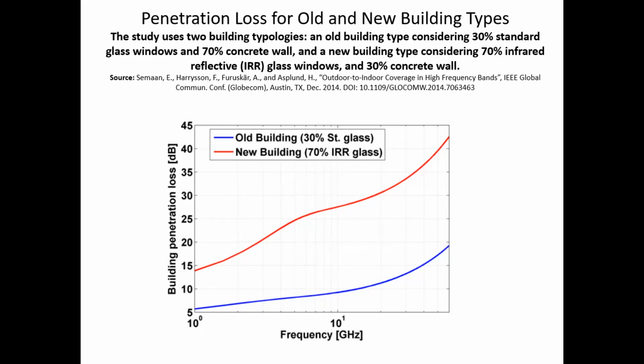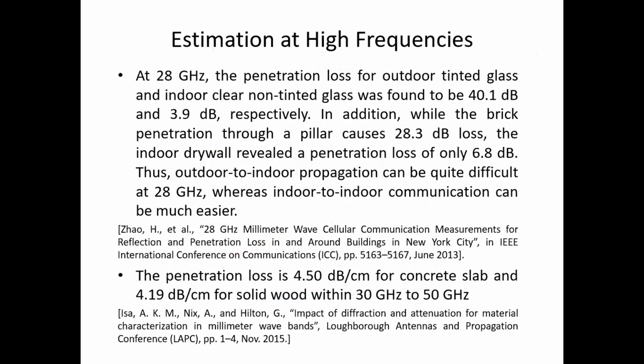Because people might argue that you have more windows in new buildings, so you should have better signal. But this is the other way around. Now you see that at 28 gigahertz, the penetration loss was found to be 40 dB in IR glass and 3.9 dB, or around 4 dB, for clear glass.